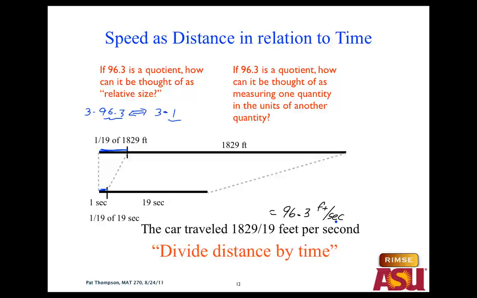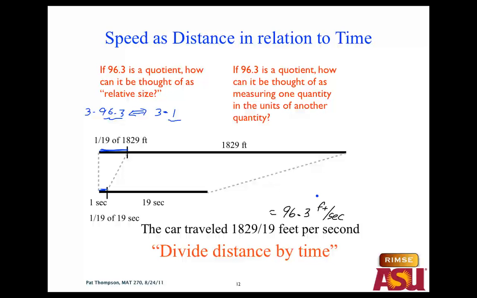Okay, he's saying 1 second corresponds to 96.3 feet. So it's measuring distance in the units of time, right? How is it doing that? So per 1 second, I travel 96.3 feet.